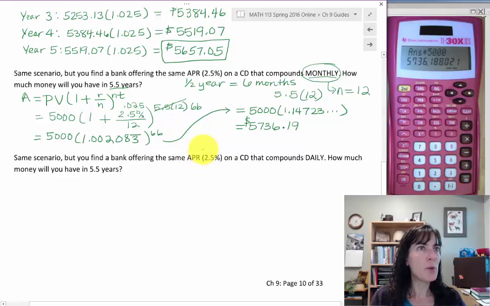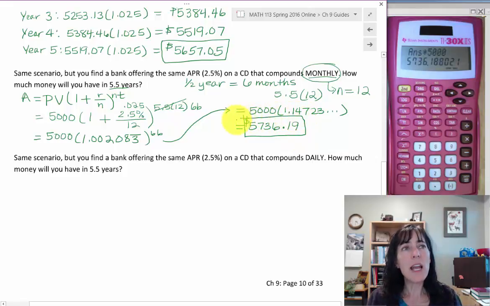And so this person, you, will have $5,736.19. And that's quite a bit more than what we are going to have compounding annually, because remember, we couldn't get that extra half year on this compounding, but here we did. We got every single month that we could.